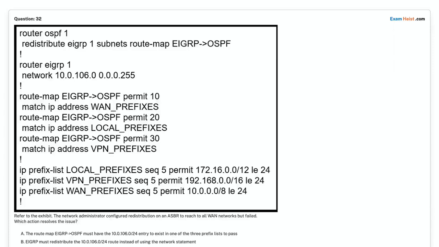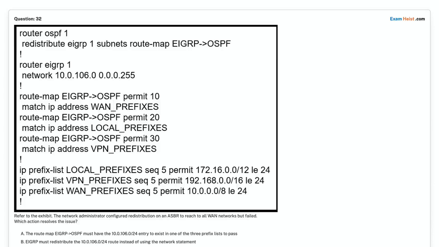Question 32. Refer to the exhibit. The network administrator configured redistribution on an ASBR to reach all WAN networks but failed. Which action resolves the issue? Option A. The route map EIGRP to OSPF must have the 10.0.106.0/24 entry to exist in one of the three prefix lists to pass.